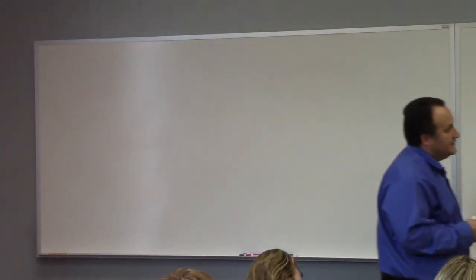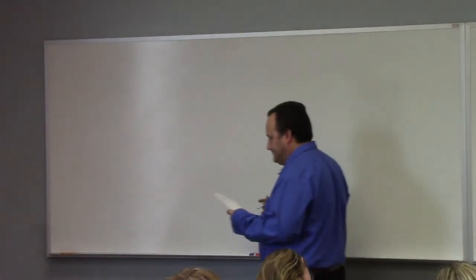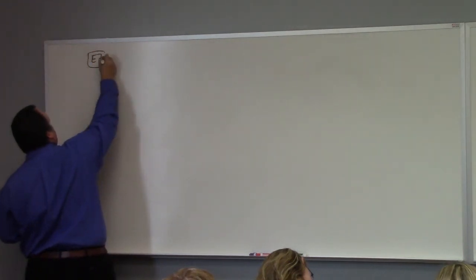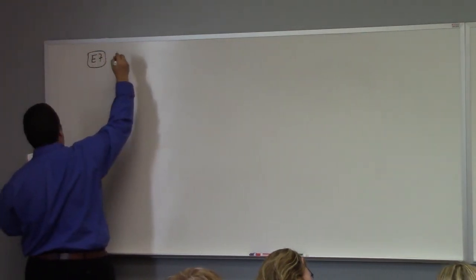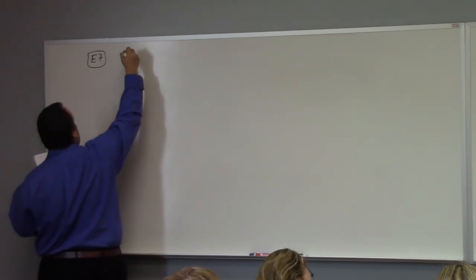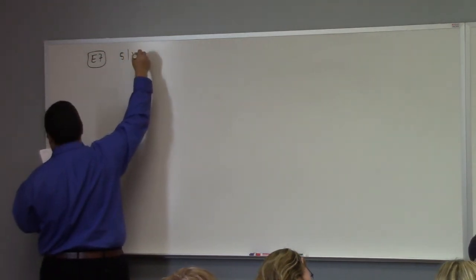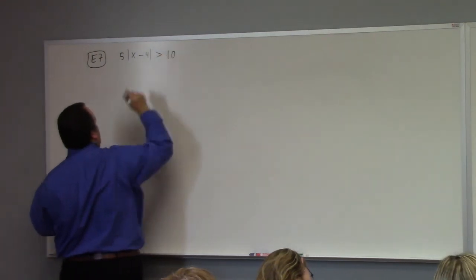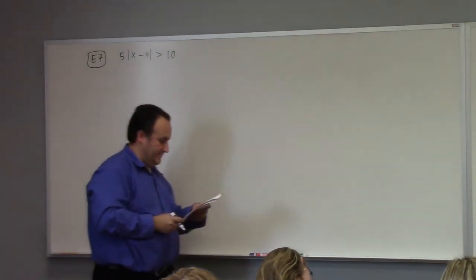Let's see here. Example 7. Suppose we're up against 5 times the absolute value of x minus 4 is greater than 10. How do you solve this thing?